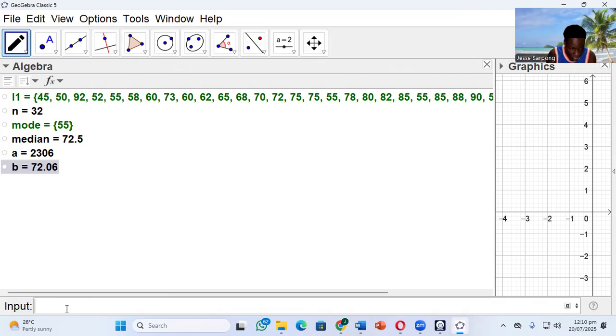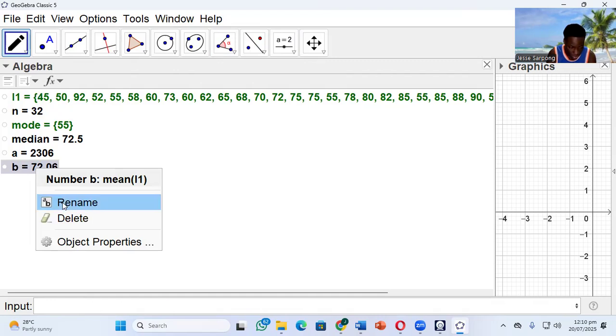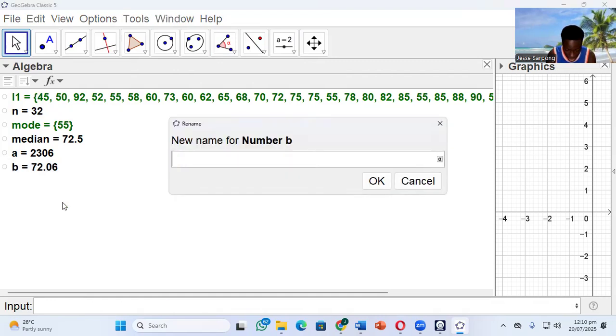So this is our mean, 72.06. This means that when we add everything here and divide by 32, 2,306 divided by 32 gives us this. Let me rename it as mean.